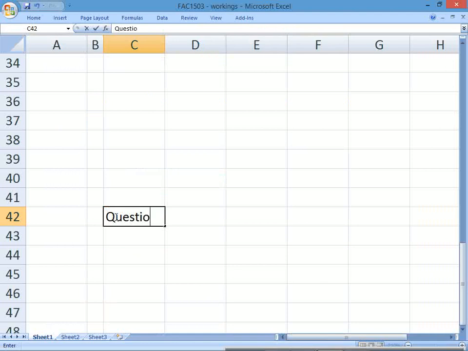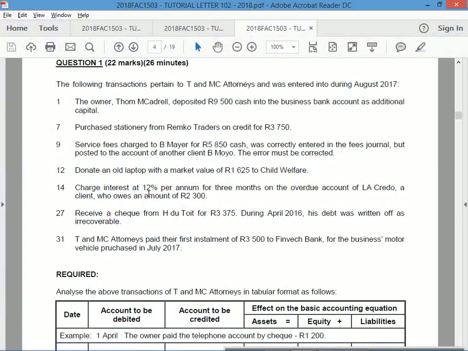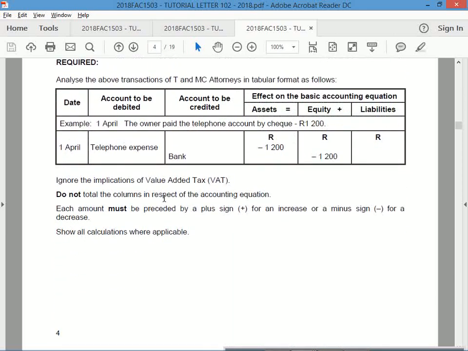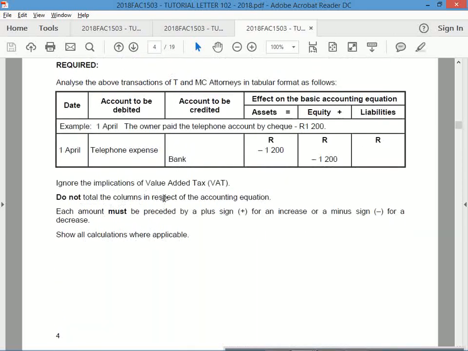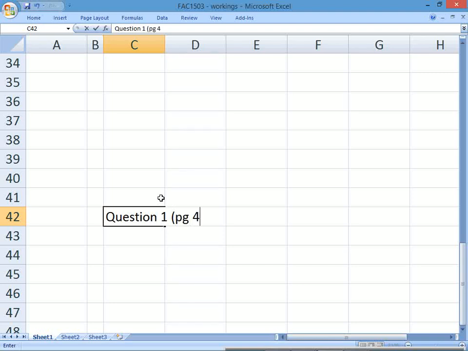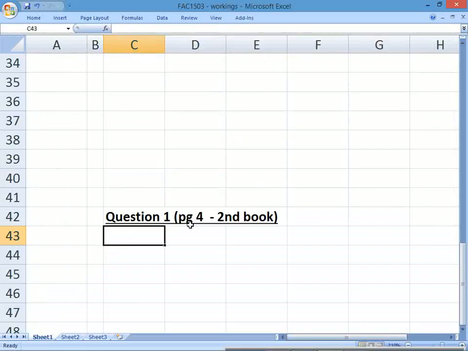Question 1. This is actually a past paper. Looks very familiar. What page is this? Page 4. Page 4, second book. I'm not too sure if they give you answers.